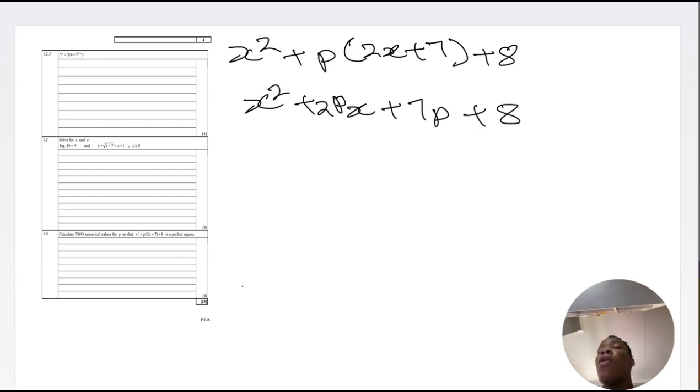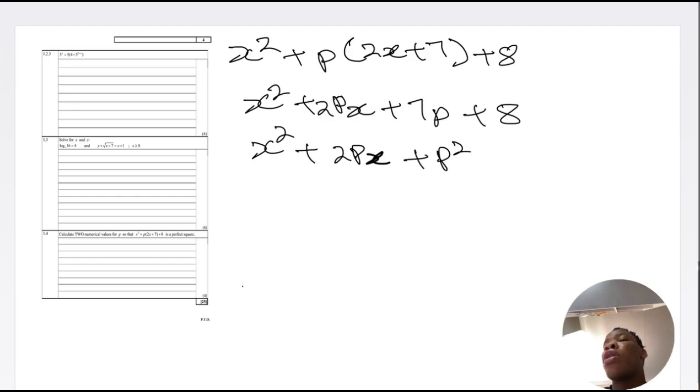Then from here you can now complete the square. You will have x squared plus 2px plus p squared minus p squared plus 7p plus 8.